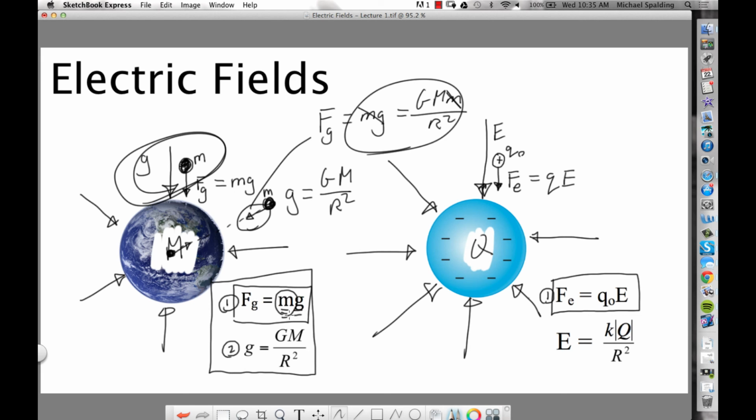What do electric fields care about? Charge. So look, the m becomes q and the g becomes E. They even sound the same. mg, qE. mg, qE.